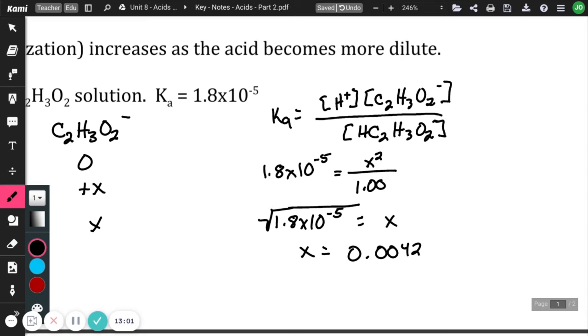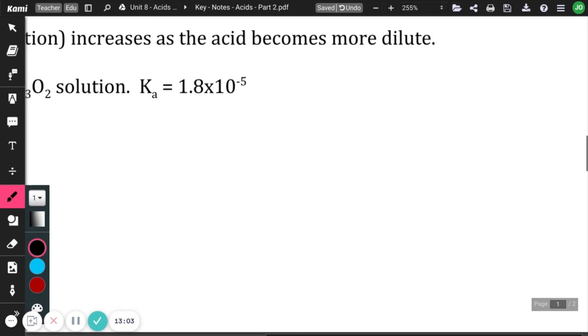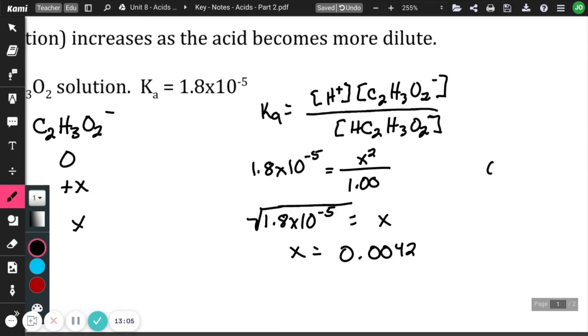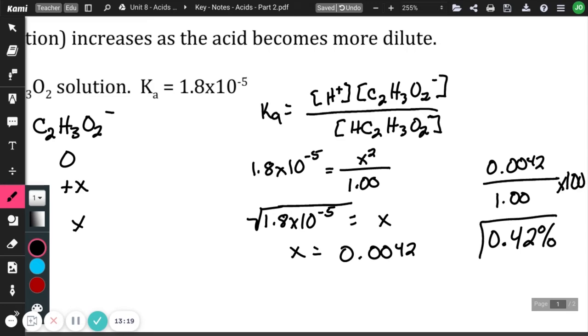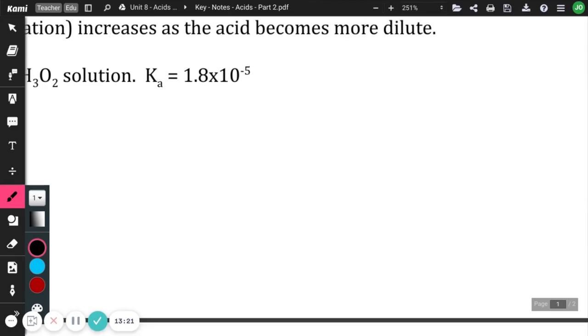So now I know my final concentration. So then I would take the final concentration, 0.0042, over the initial concentration, 1, times 100, and we'll find that we had a percent dissociation of 0.42%. And that would be it.